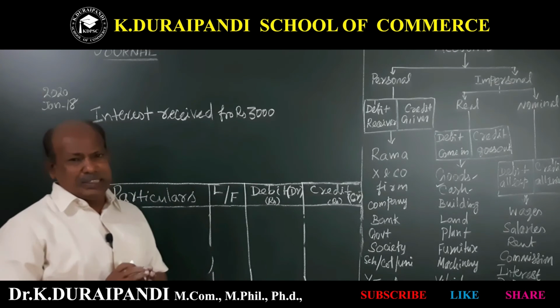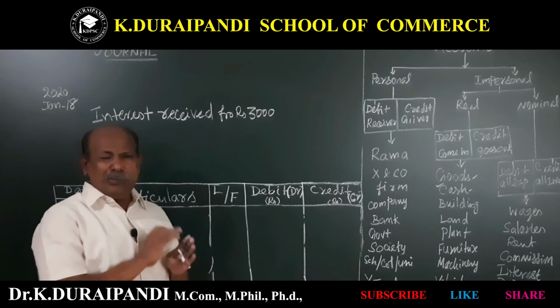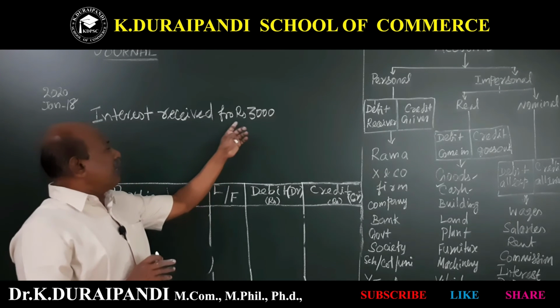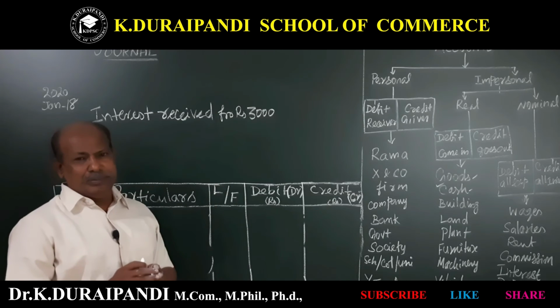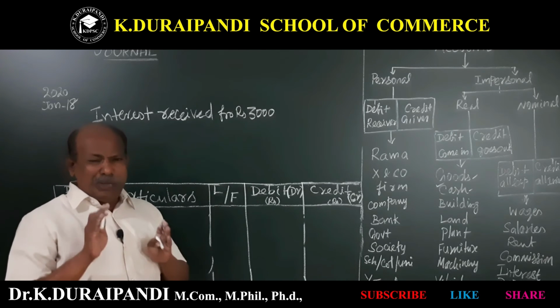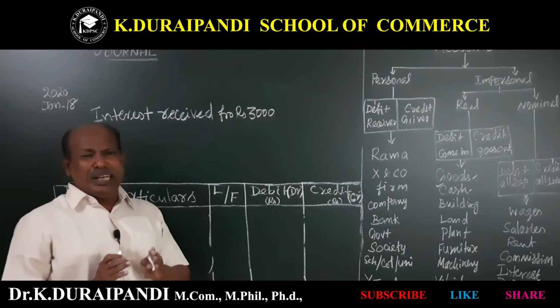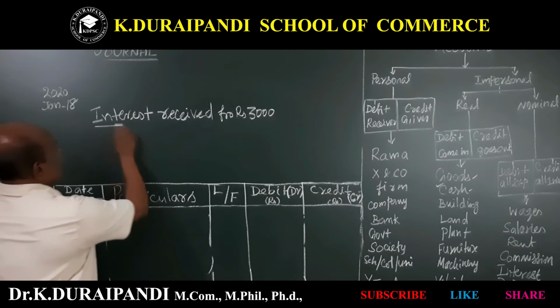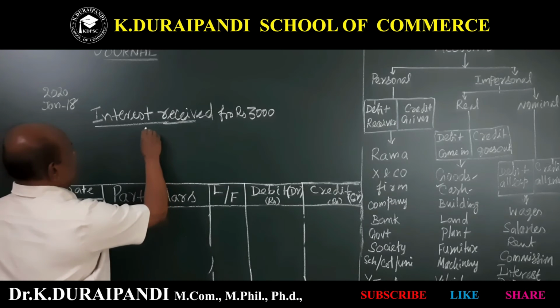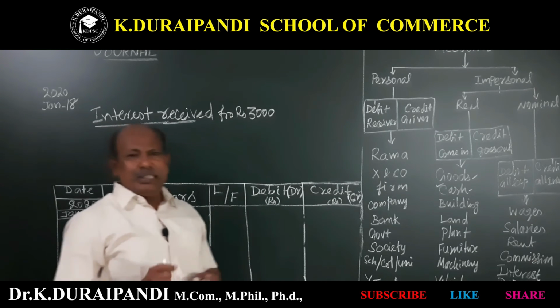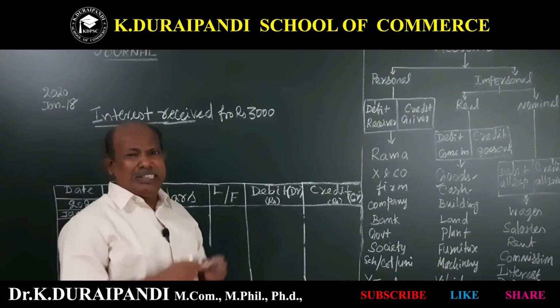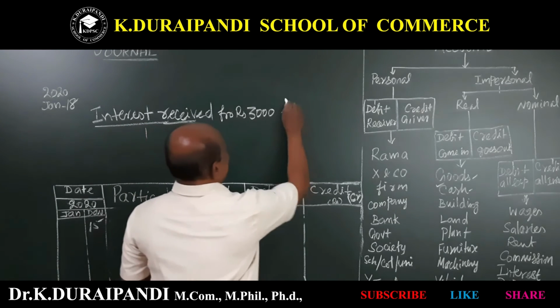We see the next transaction: interest received for rupees 3000. It is a business transaction. To make a journal, we need at least two accounts. Here interest received is one account, then we need another account. It is implied, hidden, that it is for cash.